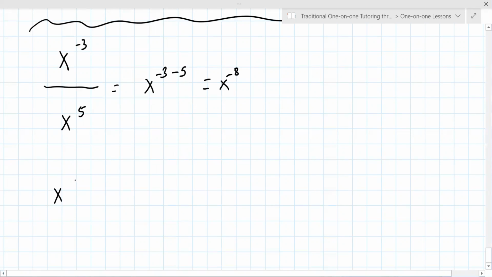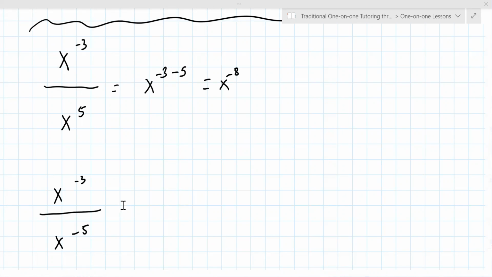How about x to the negative 3 over x to the negative 5? x^2.